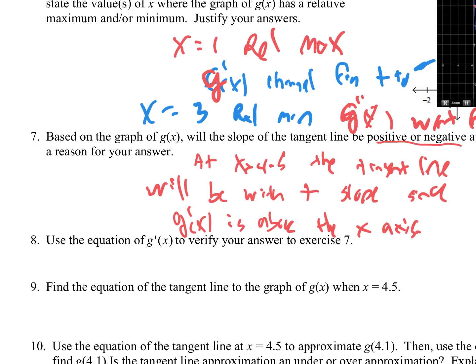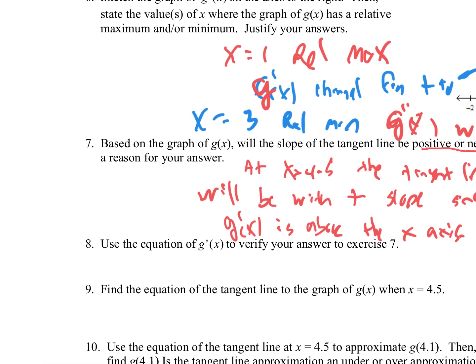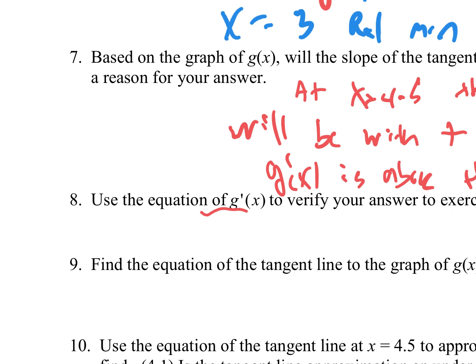Use the equation of g prime of x to verify the answer in question 7. I did, but he wants me to use the equation. So what was my function? g prime of x was, I'm going to round that to 1.5 x to the negative 1/2 minus 2 cosine of x. Is that what I wrote up there? I don't remember.